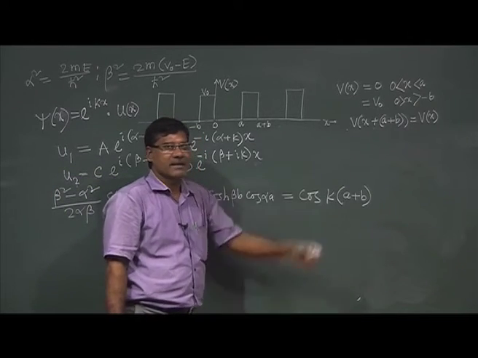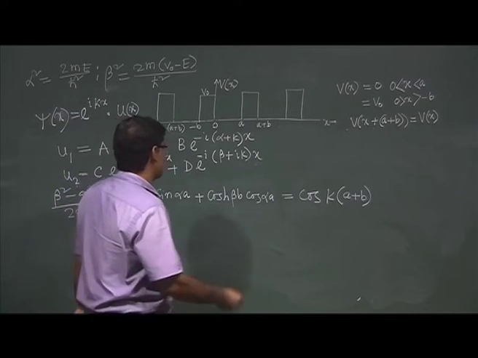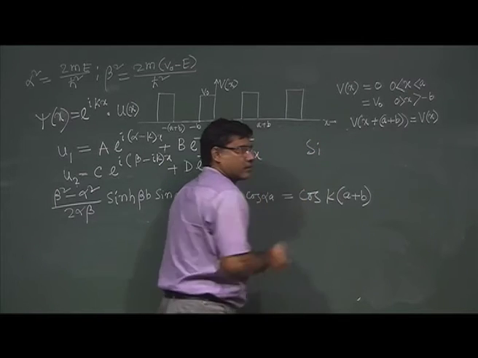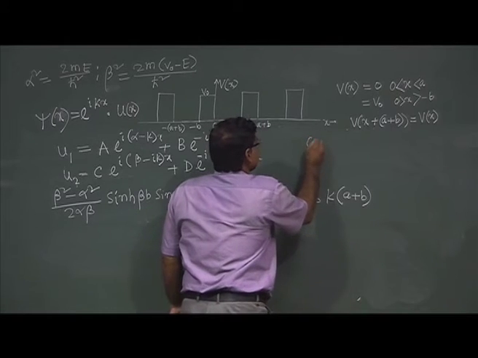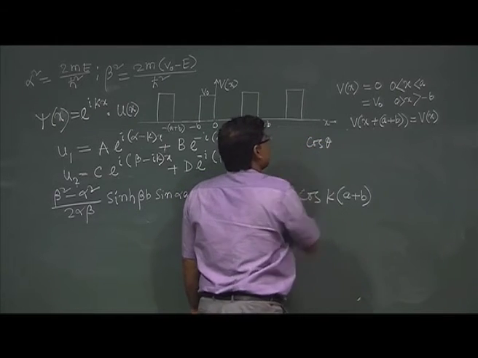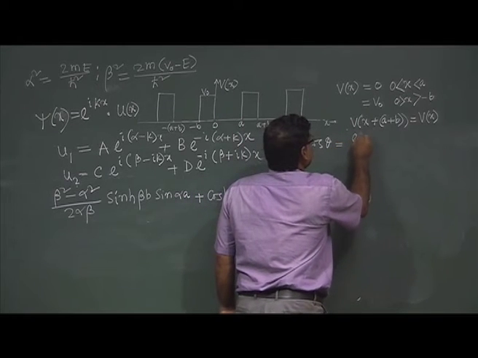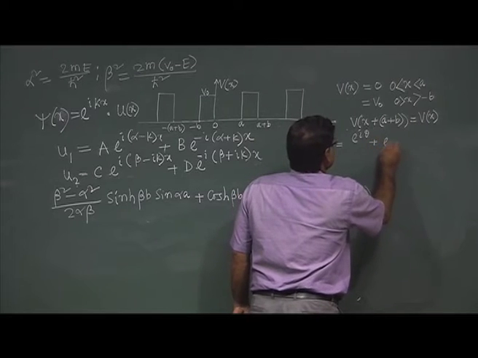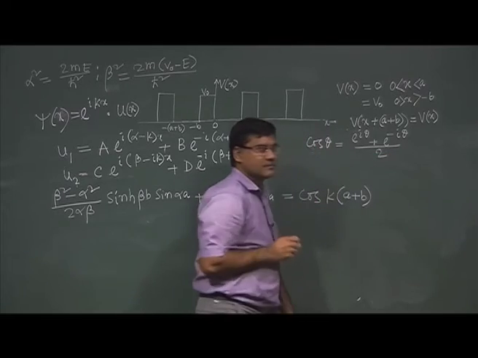So this will be the solution of this determinant. Now I think you are familiar with sine hyperbolic and cos hyperbolic, hopefully. Let me tell you, cos theta equals e to the power i theta plus e to the power minus i theta divided by 2.